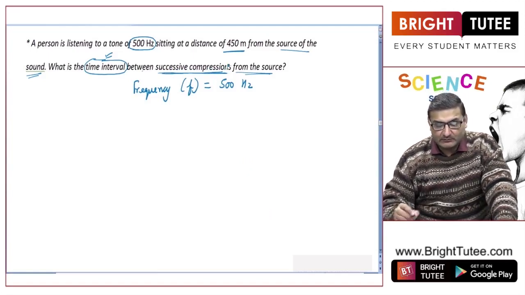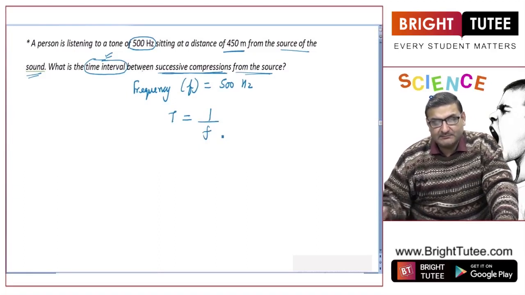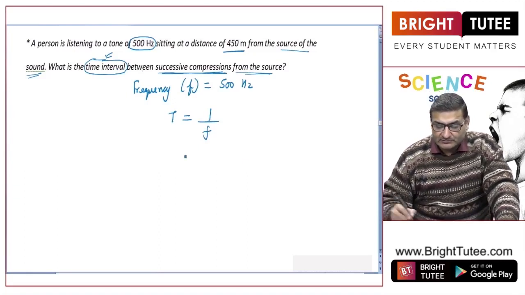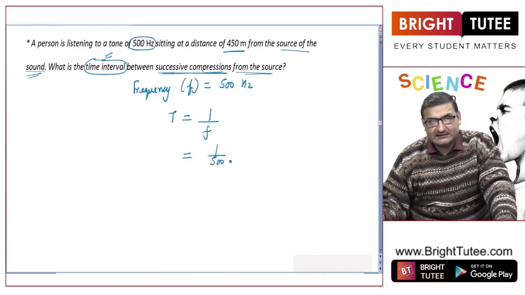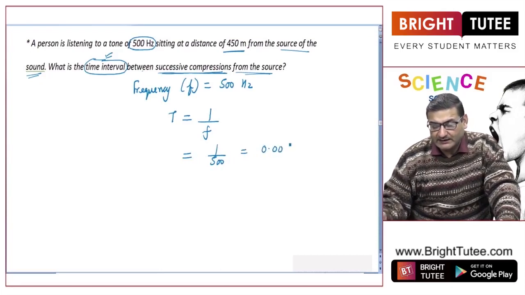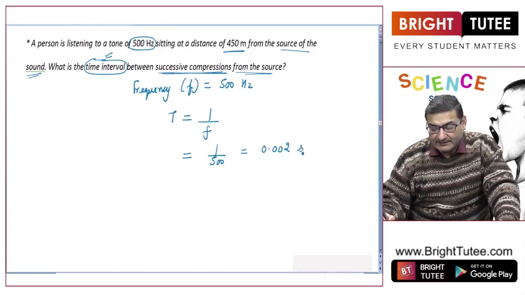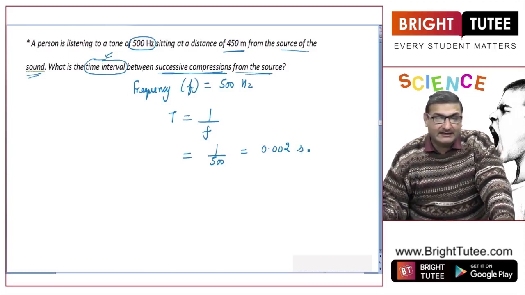We have to calculate the time period, and we know that time period is simply the reciprocal of the frequency. So here I just place the value of frequency, that is 500 Hertz, and this comes out to be 0.002. What we are calculating is the time period, so the unit will be second. So this will be the time period.